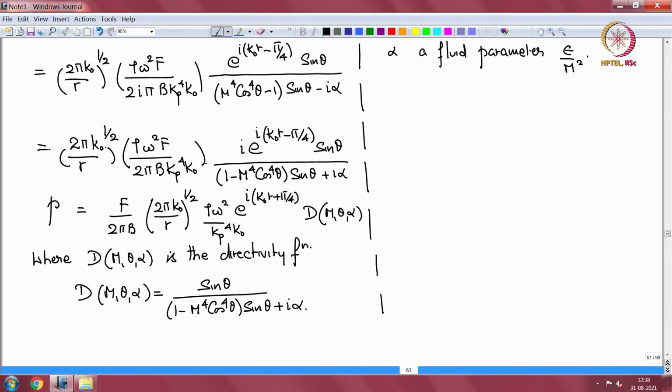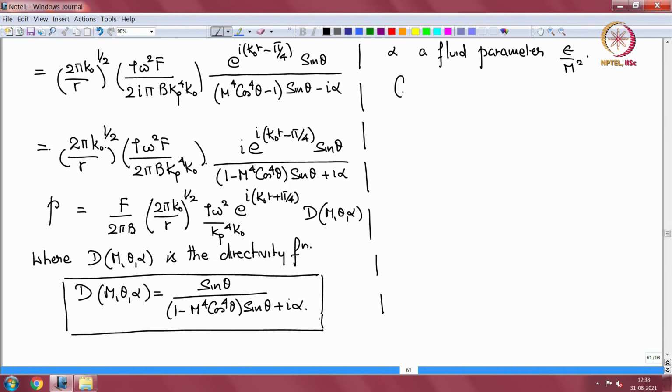Okay, so now we will examine this directivity function to discuss the coupled acoustic directivity.